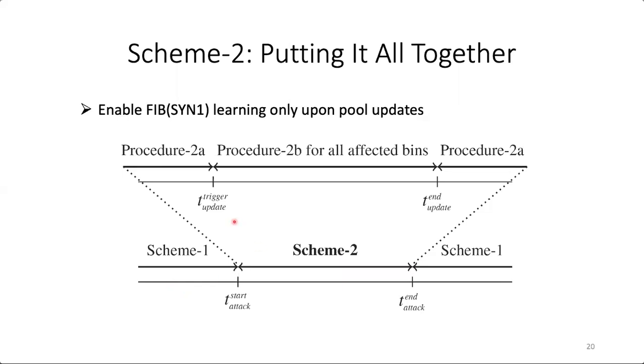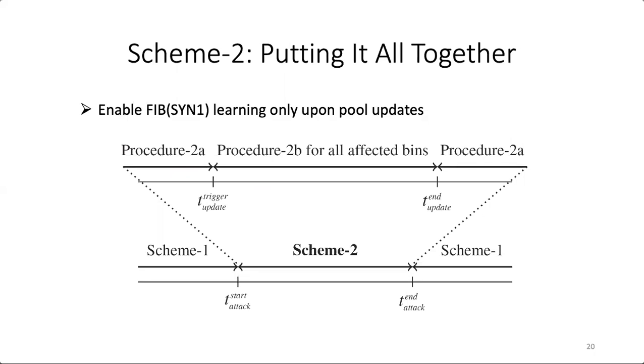The main idea in Scheme 2 is that we will use the FIB of SYN1 learning table only during pull updates. In Scheme 2, most of the time we will run procedure 2A, which works correctly while no update is happening and maintains PCC, and only when a pull update is triggered, we will move to using procedure 2B, which will continue to ensure PCC.